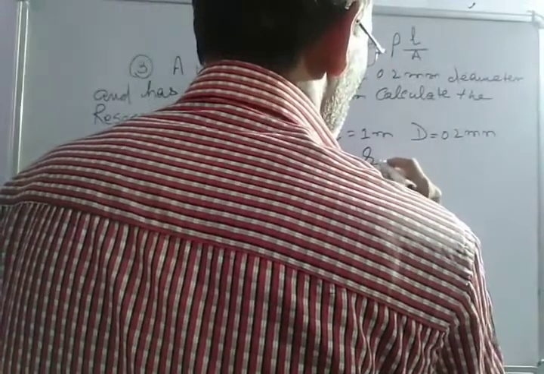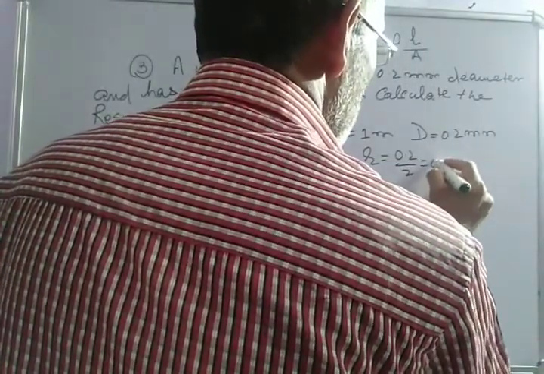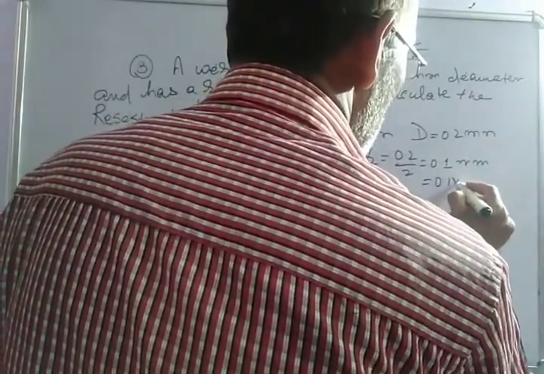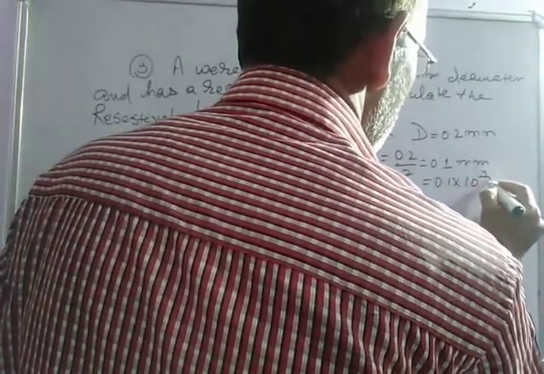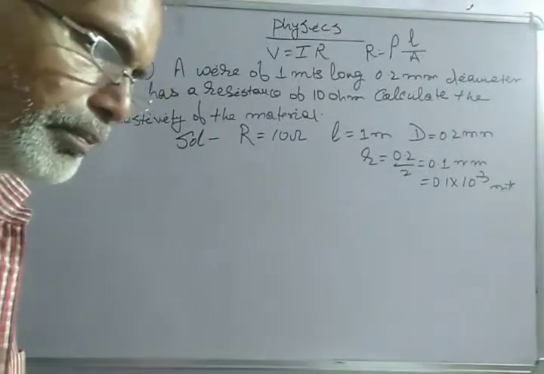Diameter D is given here, diameter is equal to 0.2 millimeter. So radius R is equal to 0.2 by 2, that is equal to 0.1 millimeter. So this is equal to 0.1 into 10 to the power minus 3 meter.